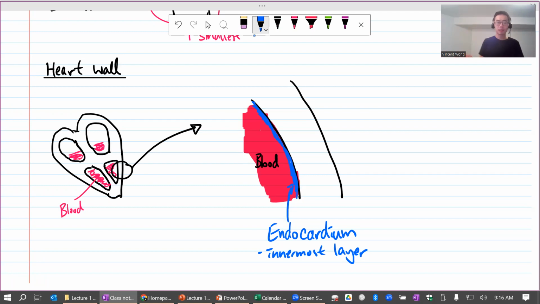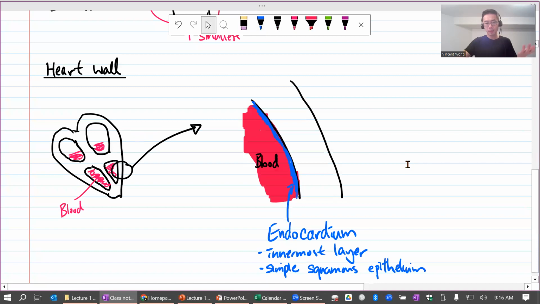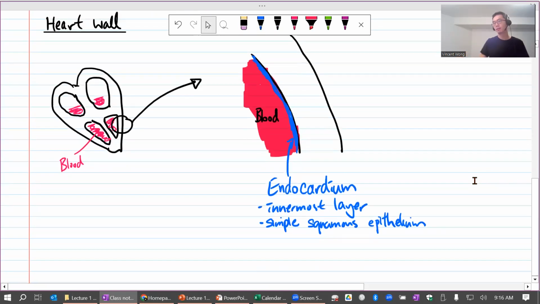So to make sure that the blood doesn't clog up unintentionally, we want to create a smooth layer, and so the endocardium is made up of simple squamous epithelium. Now we learned this last semester, right? Can someone remind me what simple squamous means?